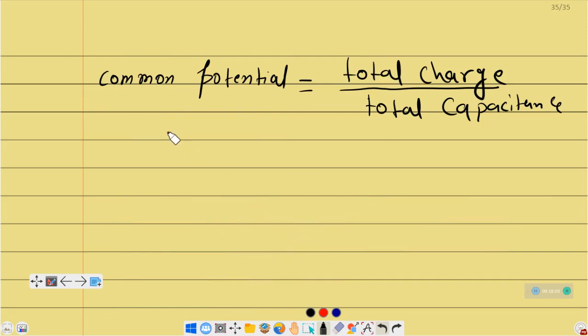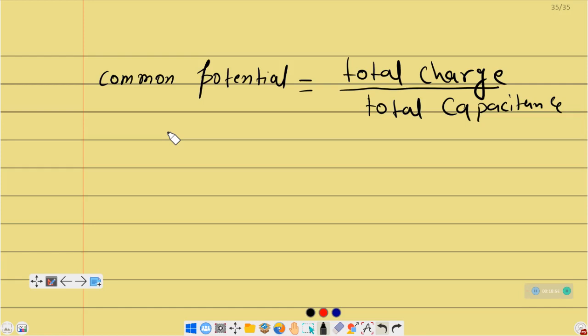So this common potential is the total charge, that is the sum of the charges of the first and second capacitors, upon the total capacitance, which is the sum of the capacitances of the first and second capacitors. Basically, the common potential is what results when two capacitors charged to different potentials are connected by a conducting wire.